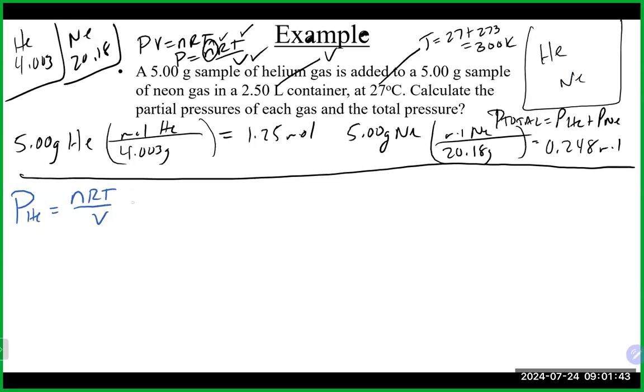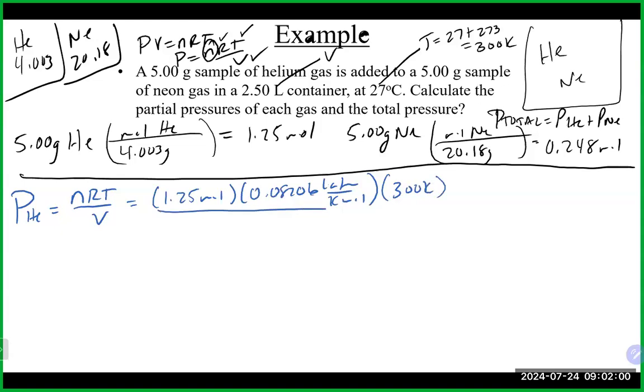So we'll start with the pressure here of our helium, which will be nRT divided by V. We're going to put in our moles for helium, which was 1.25. We'll use our gas constant. We will use our temperature divided by our volume, which was 2.5 liters in this case. Moles will cancel.